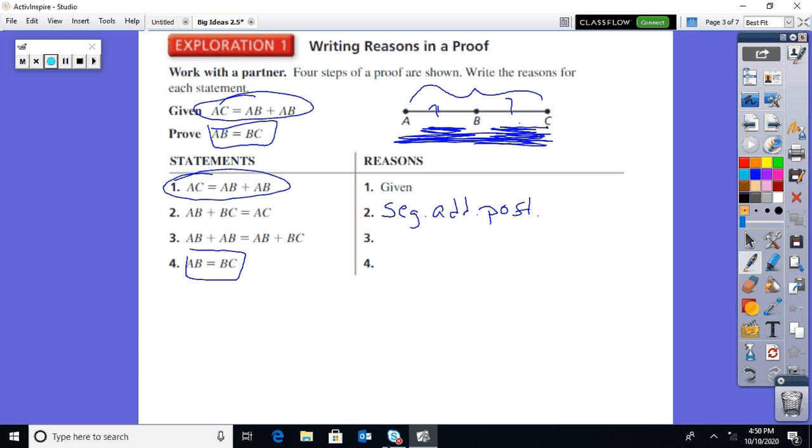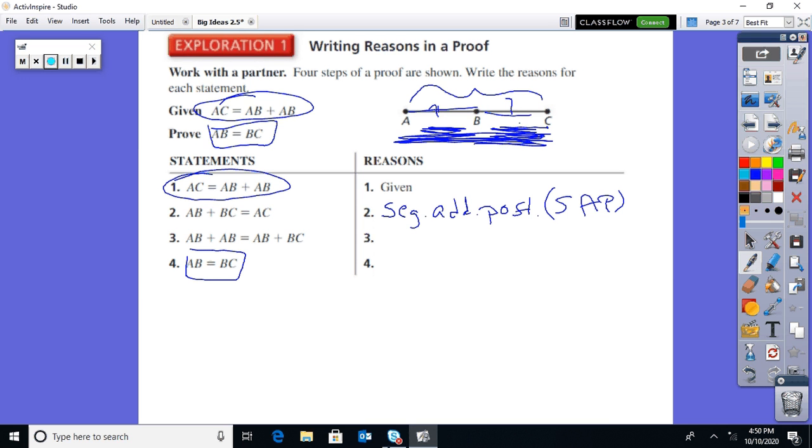Seg add post. All right? So you can write it all out. I like to abbreviate stuff. You could even put the SAP if you wanted to. Segment addition postulate. And again, anytime you take 2 little segments, add them to the bigger segment, it's the segment addition postulate.